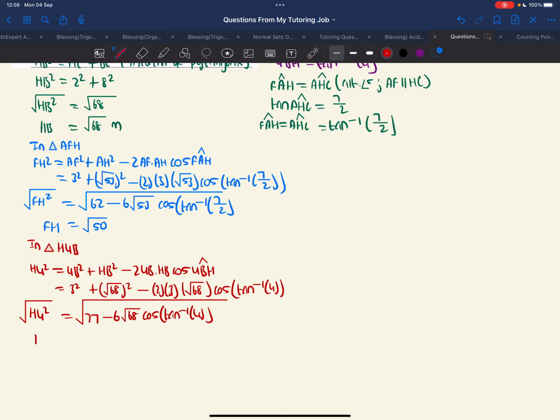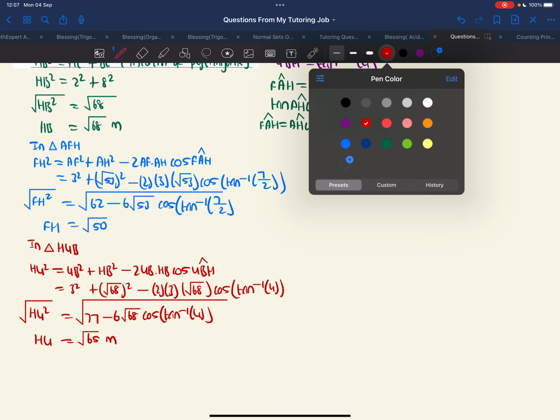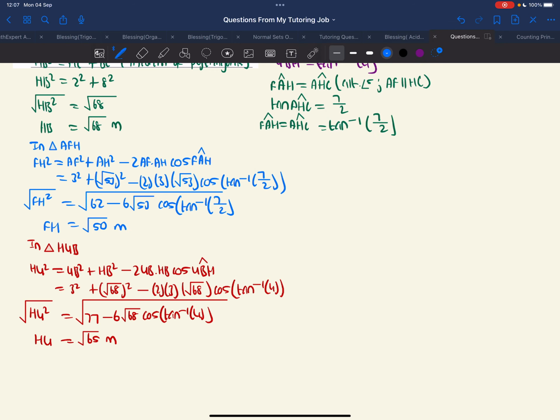All right, then basically HG is equal to 77 minus 6 square root 68 cos of shift 10 4, and I get square root 65. So that is square root 65 meters, and remember here is also meters.